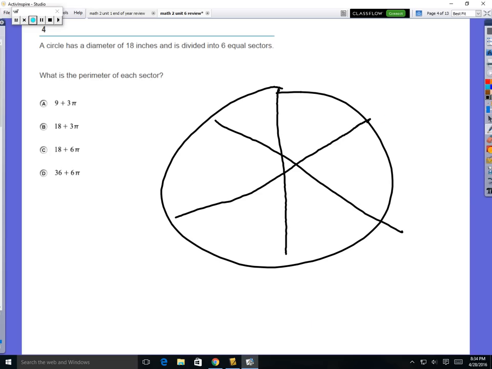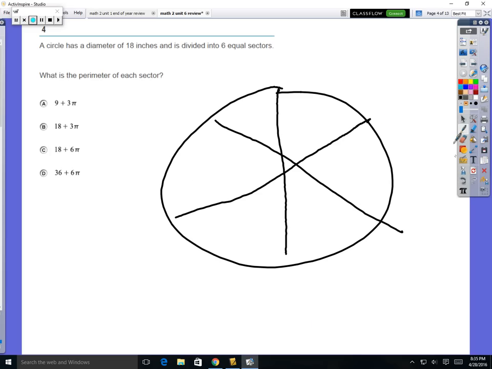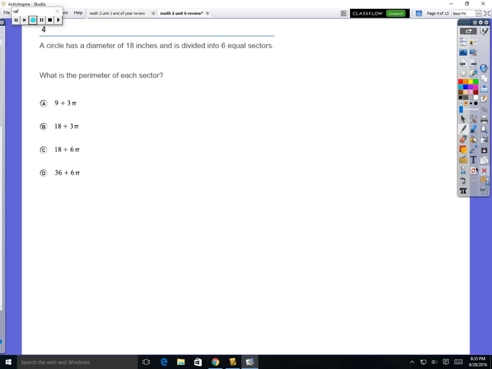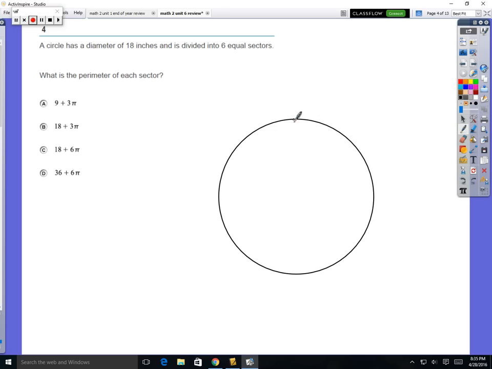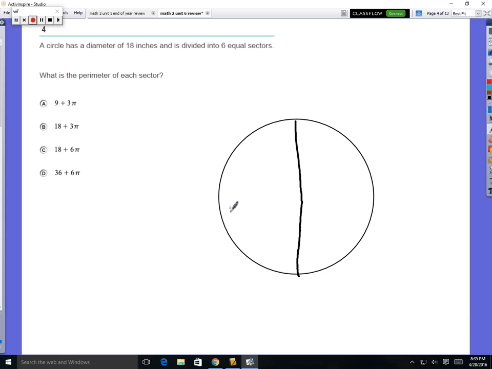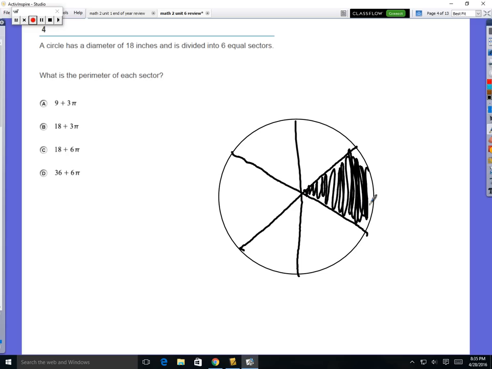So a sector is a slice. 6 equal slices of pizza. You could think of it more like that. Let's try this. Okay. So if we divide it into 6 equal portions, there we go. This is a sector. Okay, so we got 18 inches diameter, so that means each radius measures 9.